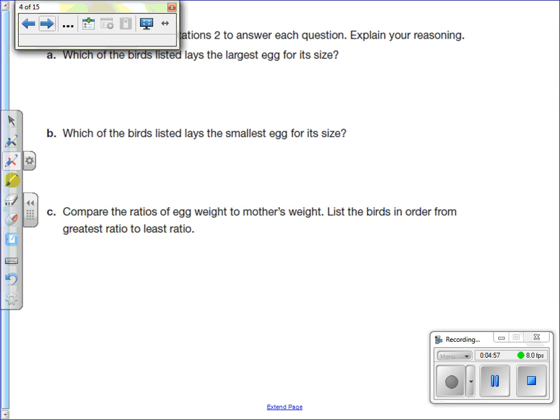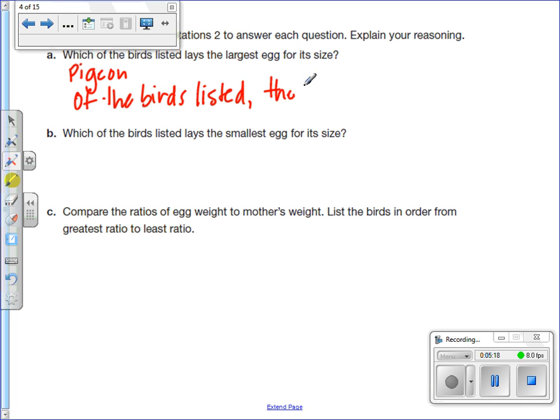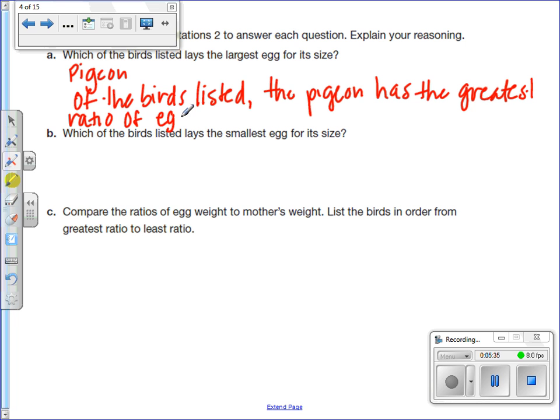So that first one would be pigeon. Of the birds listed, the pigeon has the greatest ratio of egg weight to mother's weight.